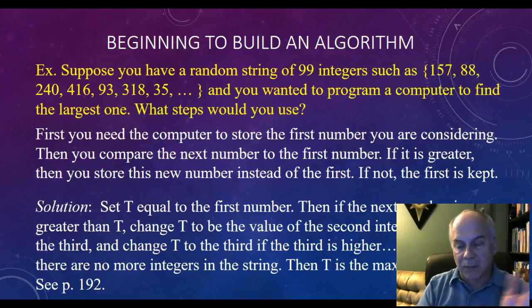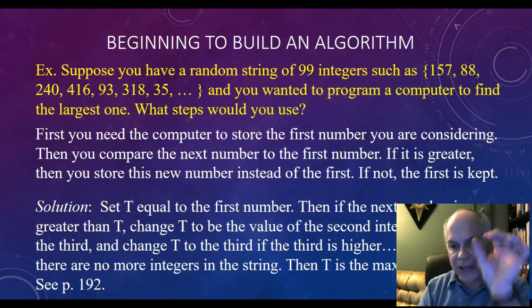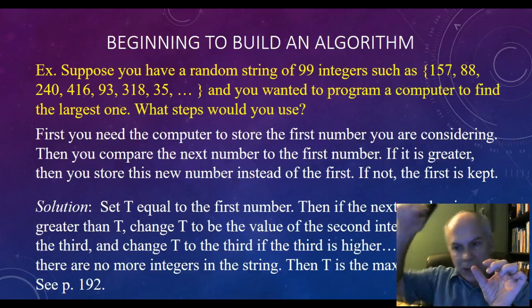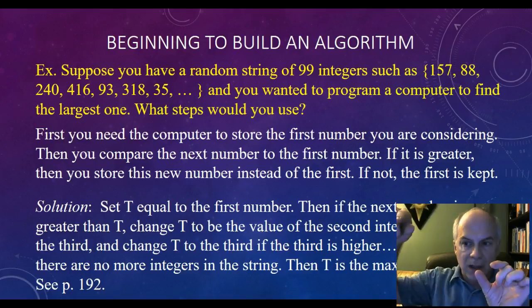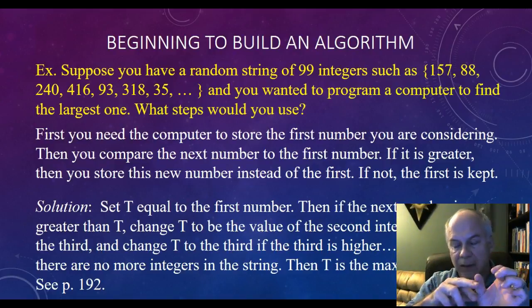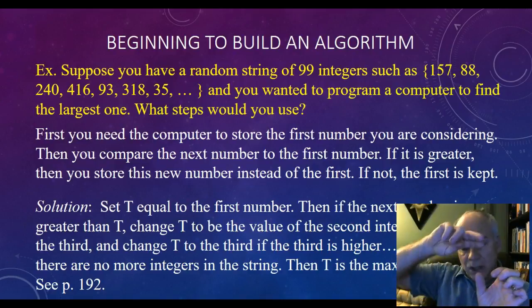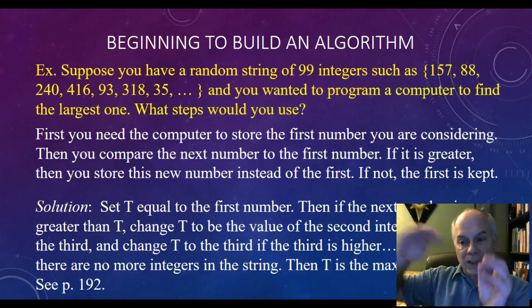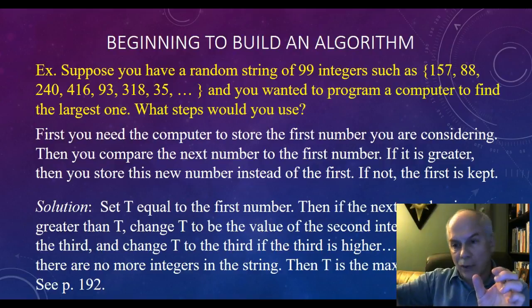So, like for example, if the first number is 157, and then we'll compare, is 88 greater than 157? No. So we'll keep the first number, 157. Right? Then it goes to the next number. You look at 240, which is the next number in the list of those integers I gave you. So is 240 greater than that number 157?